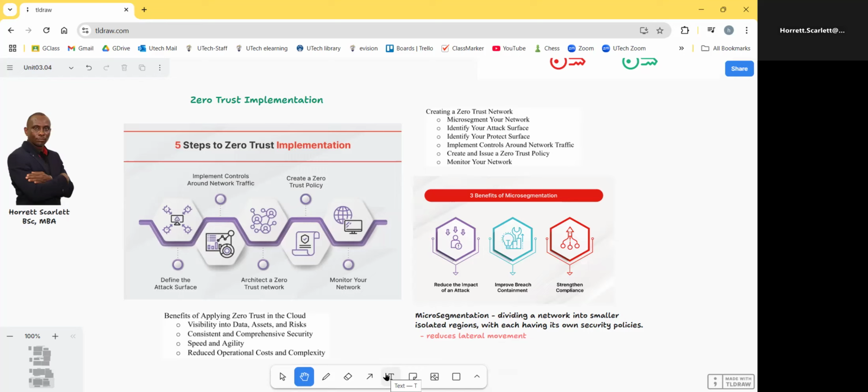And in terms of visibility into your data, your assets, and so on, because all of these things tend to be centralized, then it means that you tend to have a better idea of what kind of data you have, what kind of policies are implemented to protect the data, and so on.